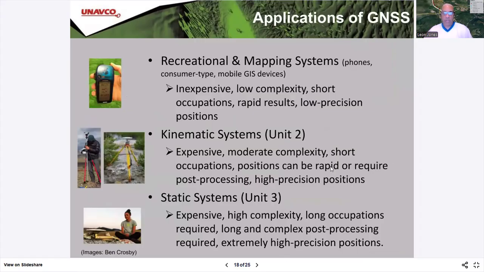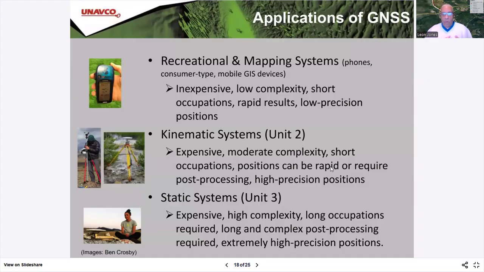Applications of GNSS. Again, recreational and mapping systems: your phones, your consumer type, your mobile GIS devices. Very inexpensive, low complexity, short occupations, rapid results, low precision. Systems, kinematic systems, it's your second unit: expensive, moderate complexity, short occupations.